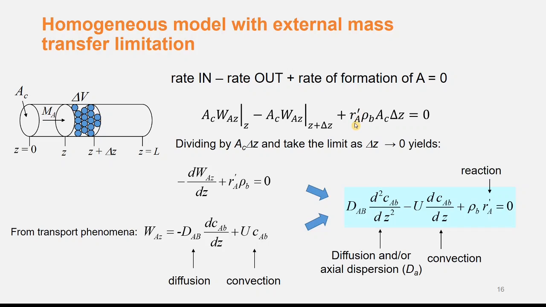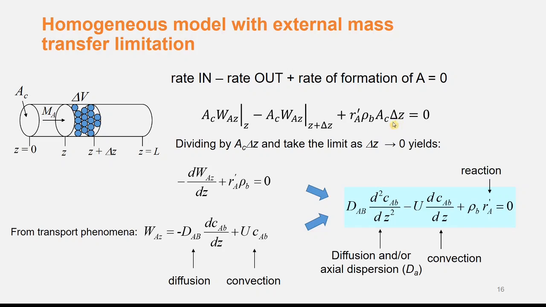The rate of formation of A is RA prime times rho B, where rho B is kilogram catalyst per cubic meter of bed, times the volume of the differential element. The volume of the differential element is just the cross-sectional area, AC, times the length of the differential element, which is delta Z.